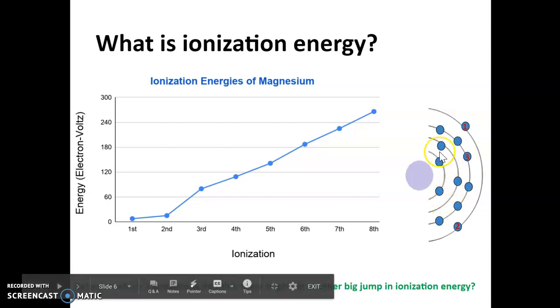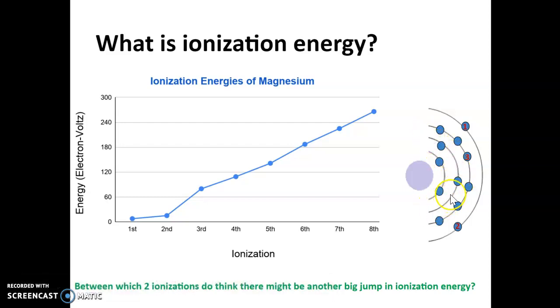We drop down and we're even closer to the nucleus. And now we have 12 magnets holding on to 4 magnets. They're going to be able to hold on really tight. So I would anticipate that the 9th ionization energy is way up here, like, that's really hard. You're probably not getting that electron off of that atom. That's what I would predict.